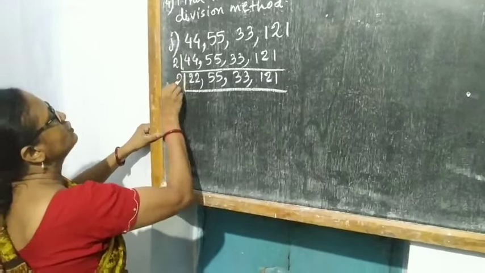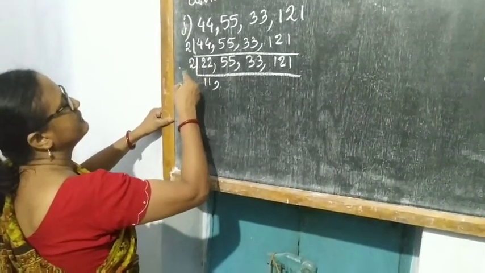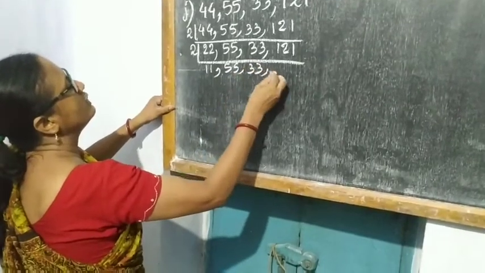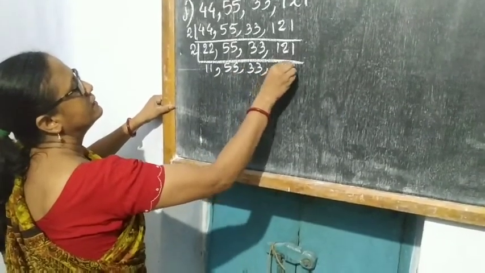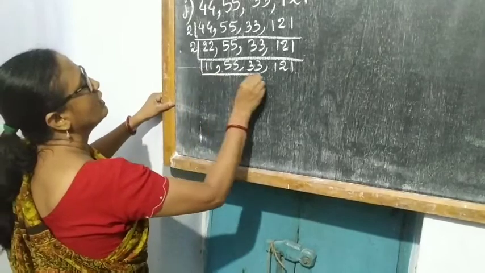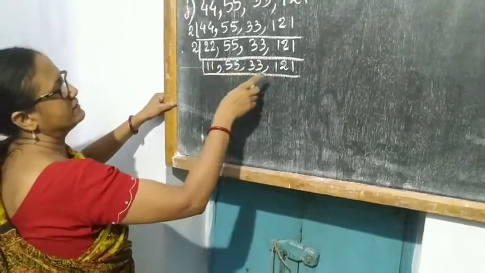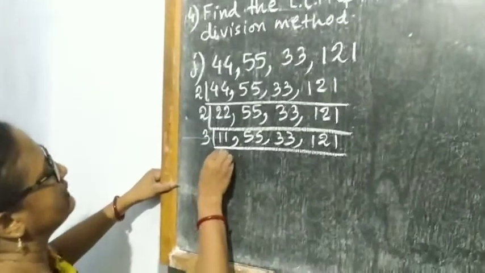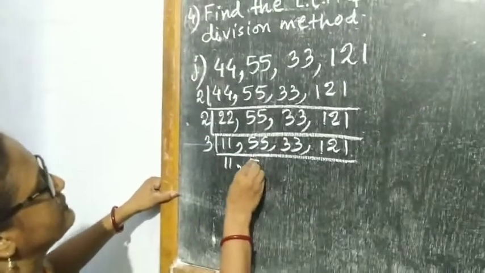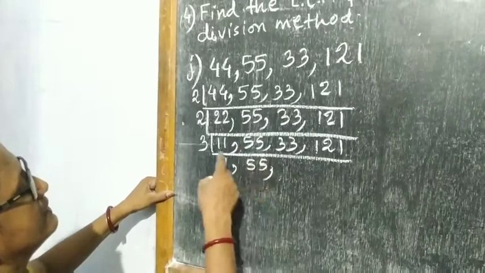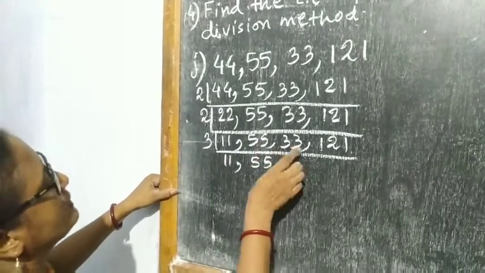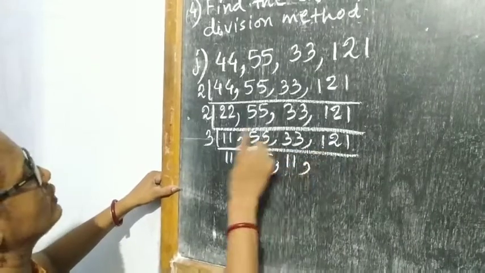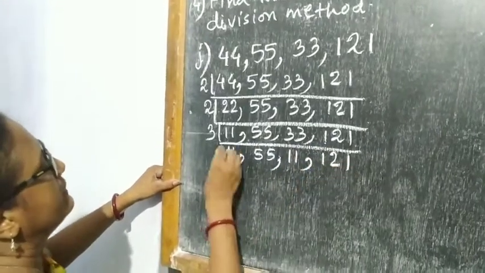Again 22 is divisible by 2, 11. 55, 33 and 121 are not divisible by 2. Next, you see all the numbers are odd, so they are not divisible by 2. So try with the next prime number 3. 11 is not divisible by 3, 55 is not divisible by 3, 33 is divisible by 3, so 33 divided by 3 you are getting 11. 121 is also not divisible by 3.